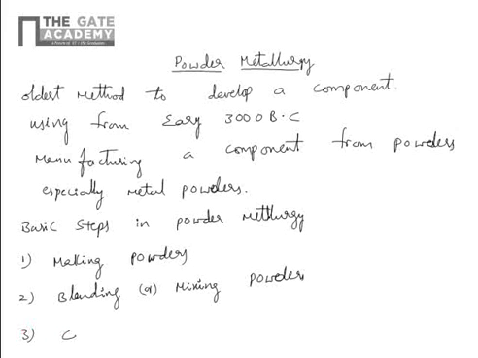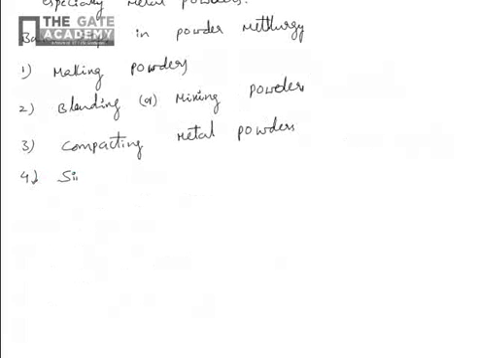Third step is compacting the metal powders. Fourth step is sintering. So these are the four steps used to manufacture a component by using powder metallurgy.